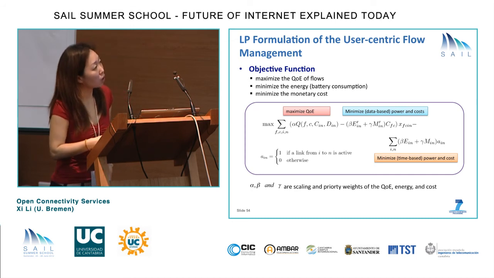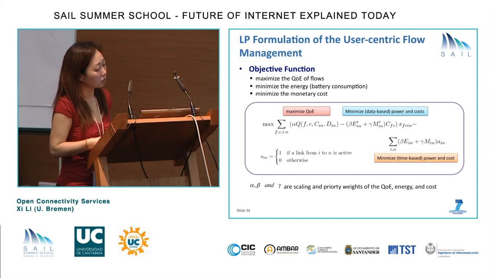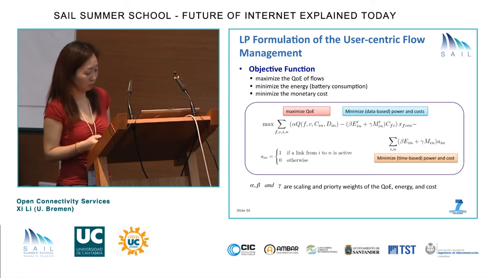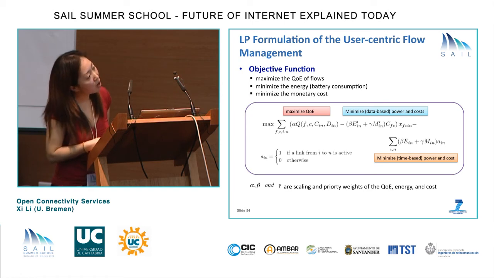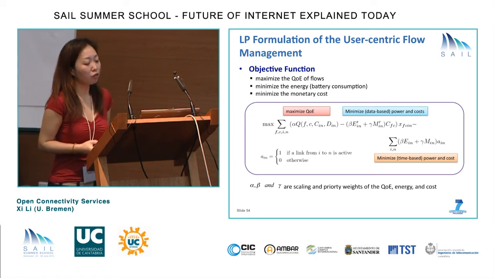Okay, in order to also define the relation of the time-based parameters, we introduced the additional variable A_IN, which describes the association between one interface I connected to the network N. So in order to play around with the priority of different metrics, we also define the parameters alpha, beta, and gamma to give the weight of the priority between the quality of experience, the energy, and the cost.